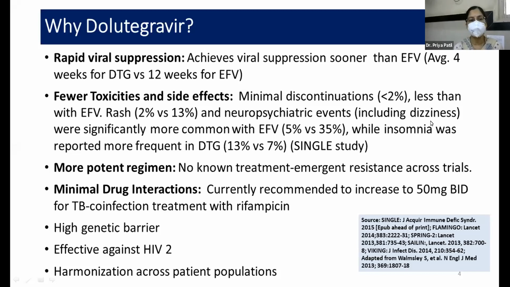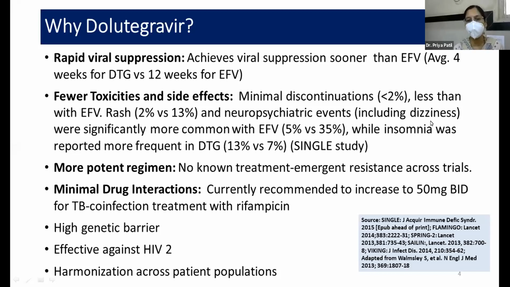Again, the incidence of rash with dolutegravir is much less, 2% versus 13%. And neuropsychiatric events, because of which a lot of discontinuation happens with efavirenz, which include dizziness, were significantly more common with efavirenz, 35% as compared to 5% with dolutegravir.